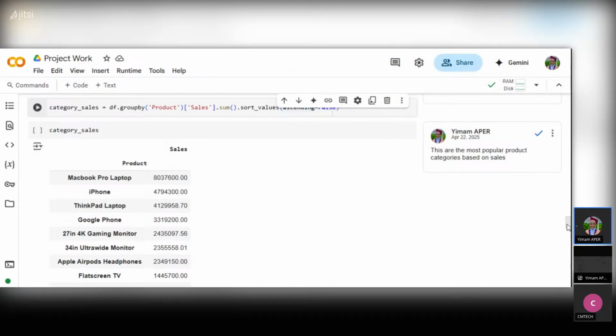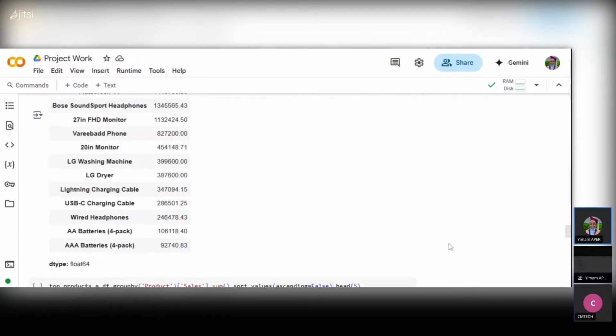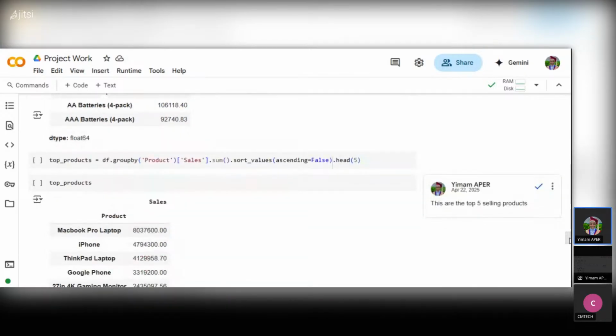To identify the top five selling products, this was a function. You sort the values, then use the head function, and it gave us the top five selling products.